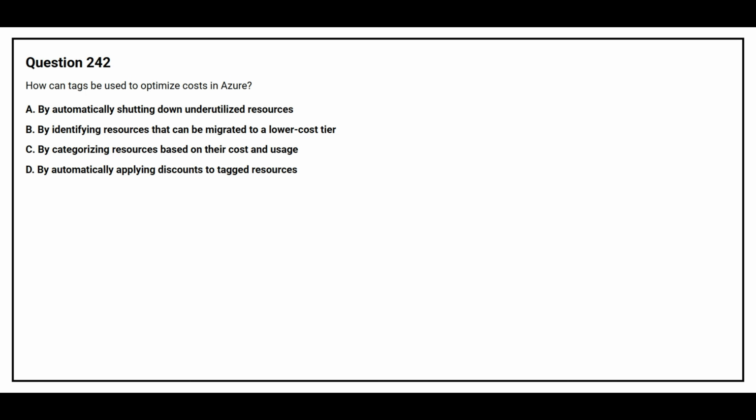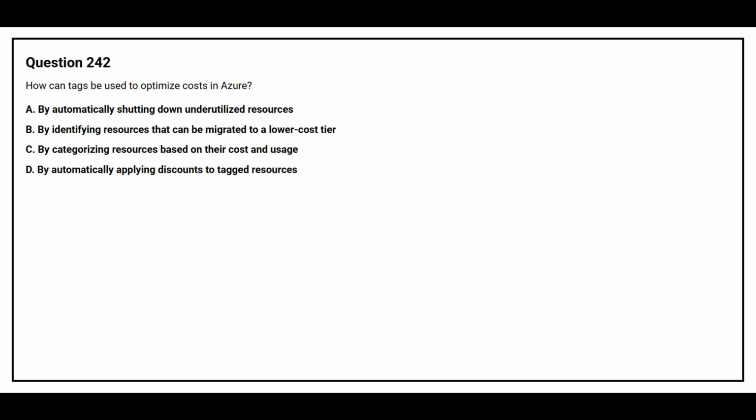Question number 242. How can tags be used to optimize cost in Azure? Option A, by automatically shutting down underutilized resources. Option B, by identifying resources that can be migrated to a lower cost tier.